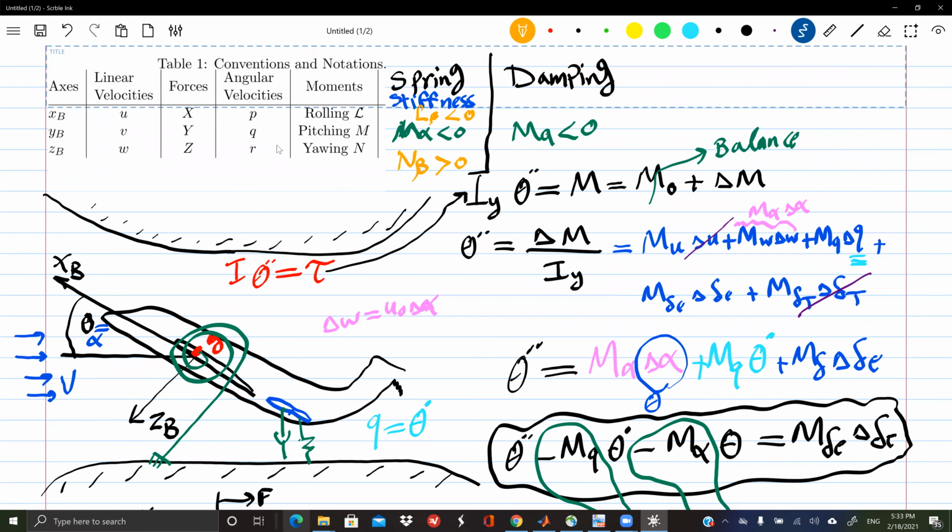Look at this now and tell me what is your yaw damping? N r. Exactly, the moment due to the corresponding angular velocity, yaw angular velocity. What about roll damping? L p, exactly.